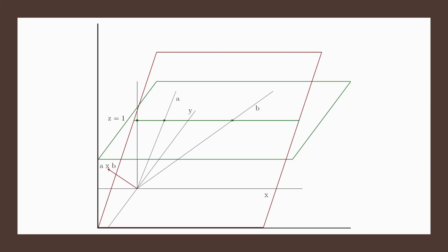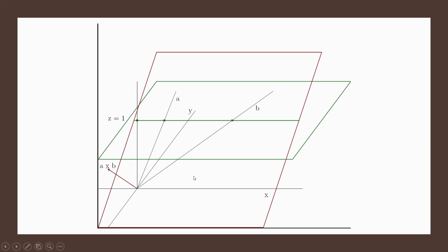Two vectors a and b cross the projective plane over here and once more over here. Let's try to indicate it with little crosses. And together these vectors, they span another plane indicated in red with the normal vector a cross b.